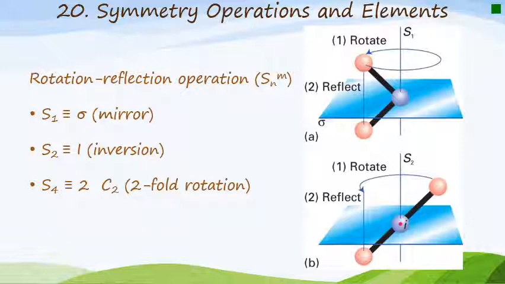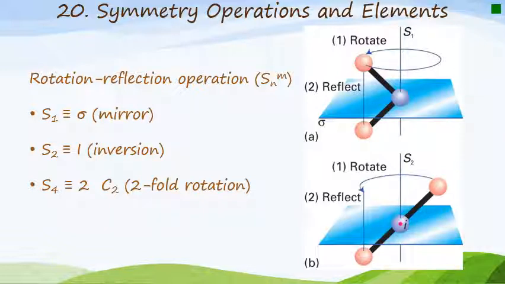If we do an S2, which is an improper rotation of 180 degrees followed by a reflection, that is equivalent to an inversion. And then lastly, if we do an S4, which is an improper rotation by 90 degrees followed by reflection, that is equivalent to two twofold rotation operations.